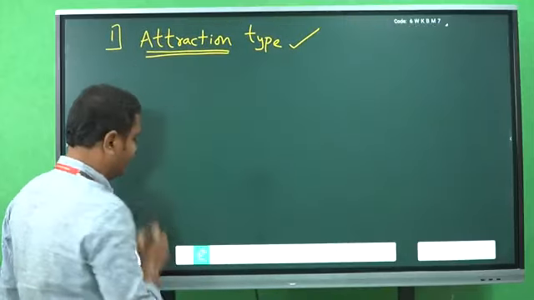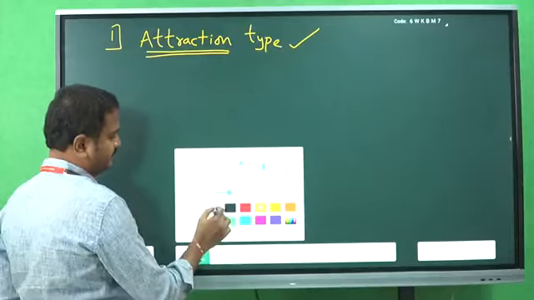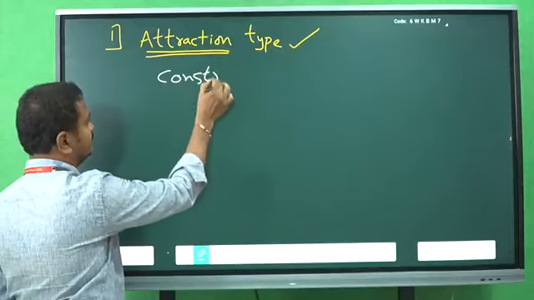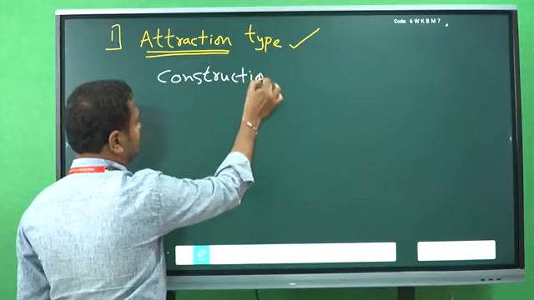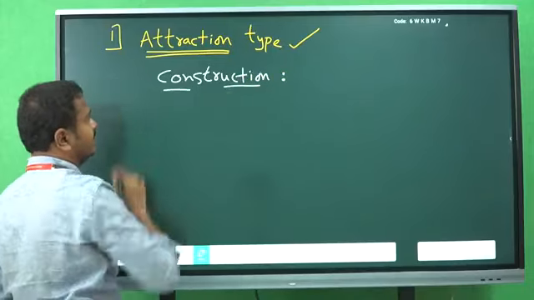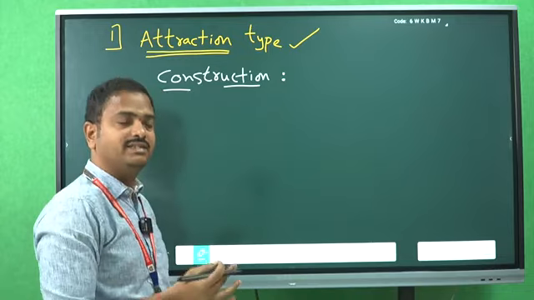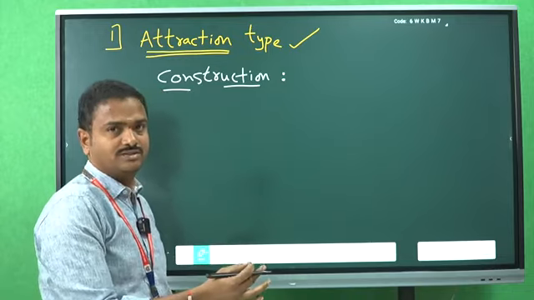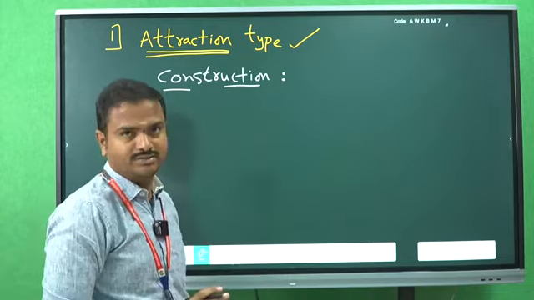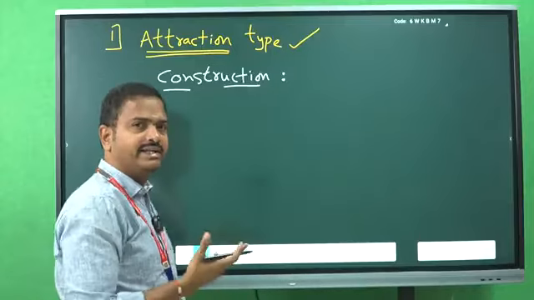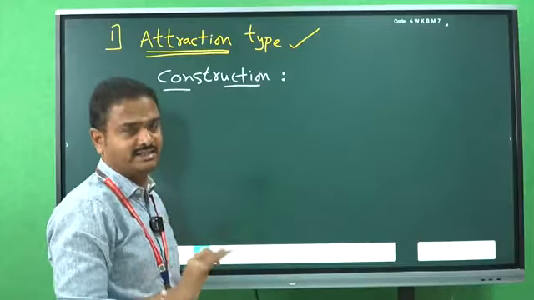So, attraction type moving iron instruments. Coming to construction, first of all, what is the aim of attraction type instruments? These instruments should measure the instantaneous values in a particular circuit. Clear? So construction. Any indicating instrument basically requires three systems.